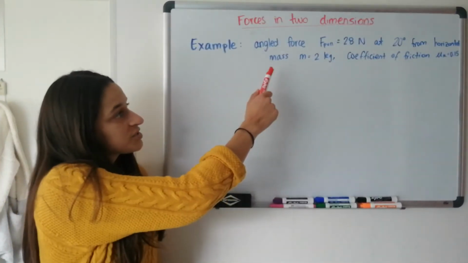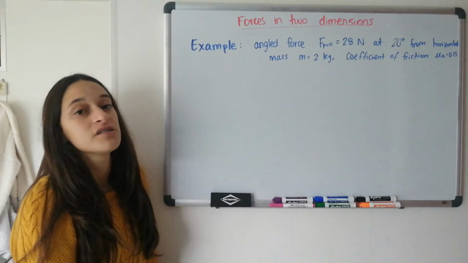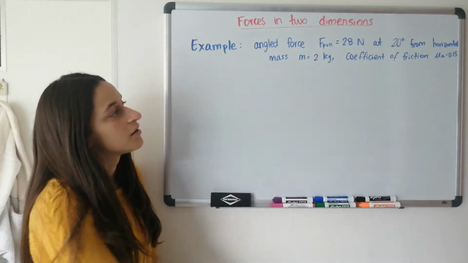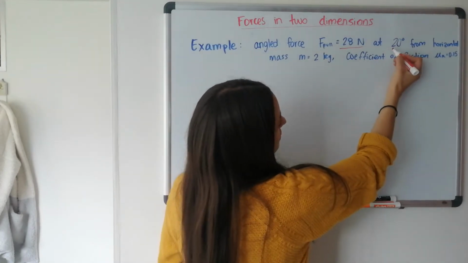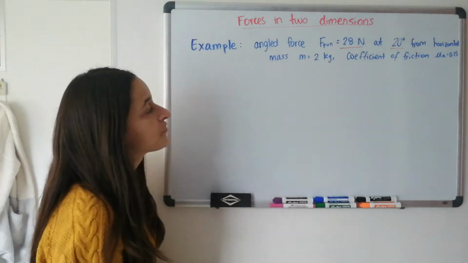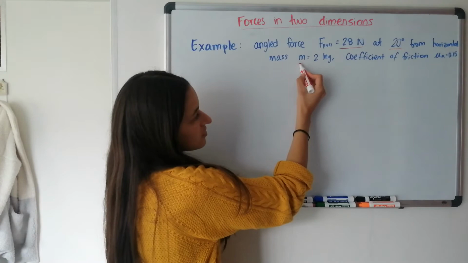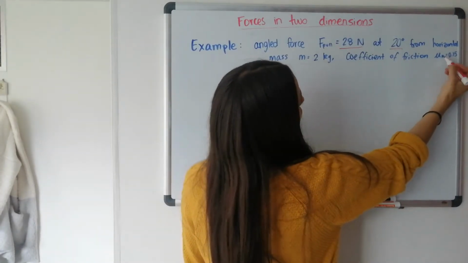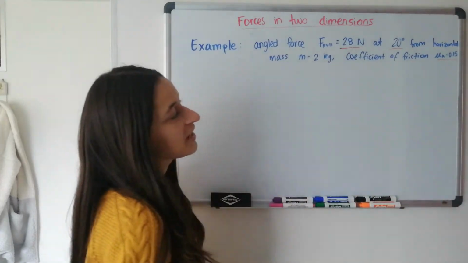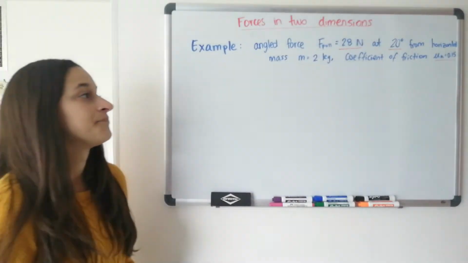So the example says that there's a pulling force that is angled, that is 28 newtons of force at a 20-degree angle from horizontal, and it's going to be pulling an object of a mass of 2 kilograms through a surface with the coefficient of friction mu k equals 0.15.